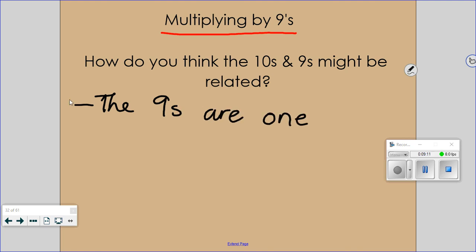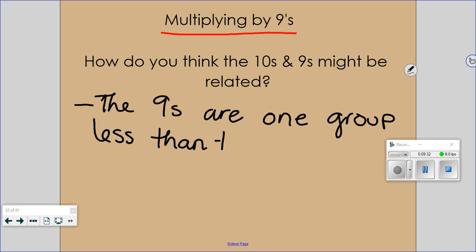Now it's not just one number less. Remember when with multiplication we're in groups. So it's going to be 1 group less. So 9s are 1 group less than the 10s. Yeah, love that.